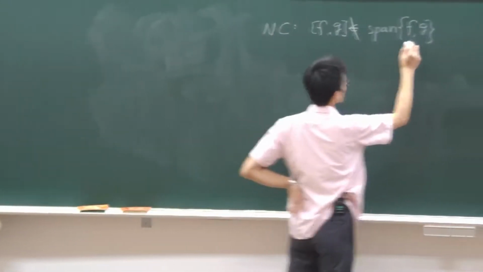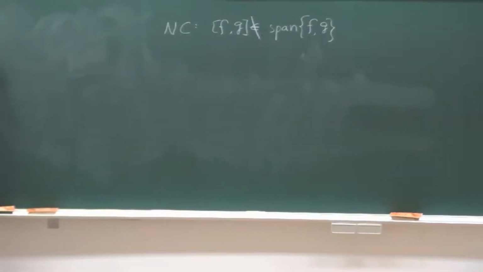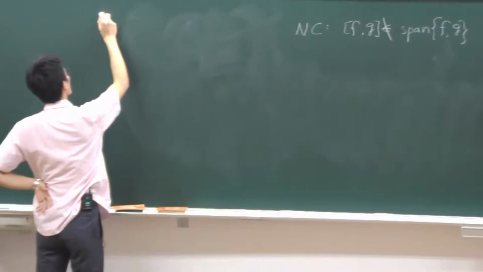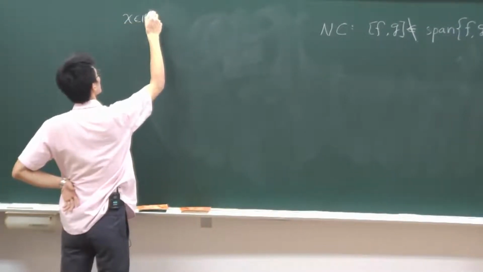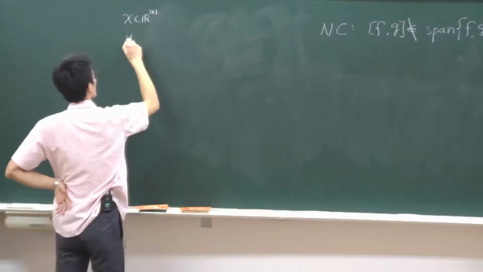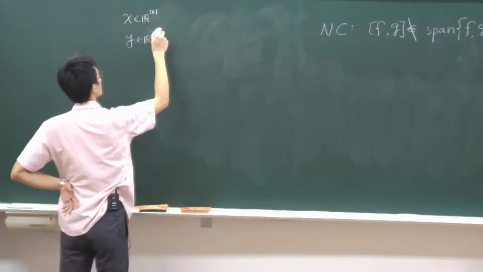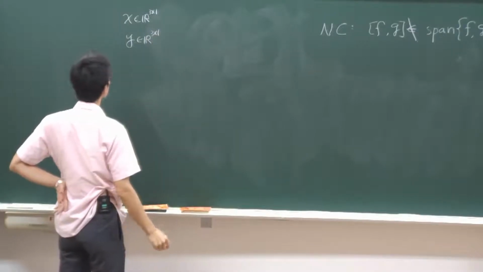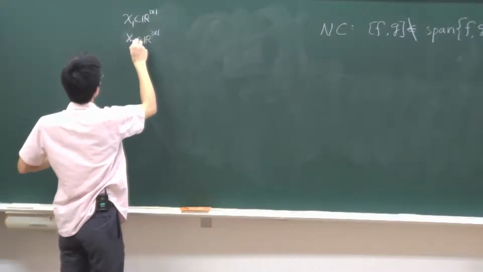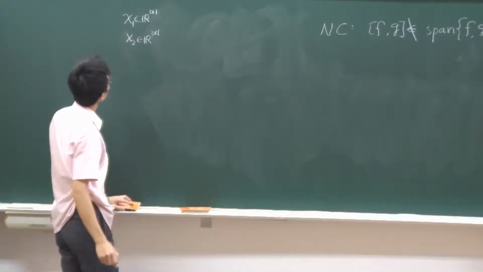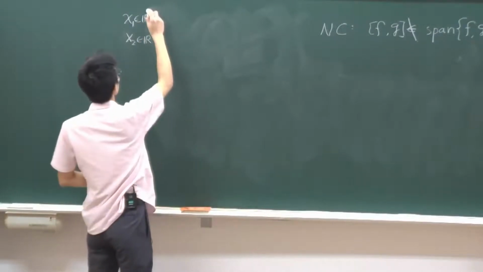For example, let's say X is a 3x1 column vector. Let's start from a simpler case, 2x1.